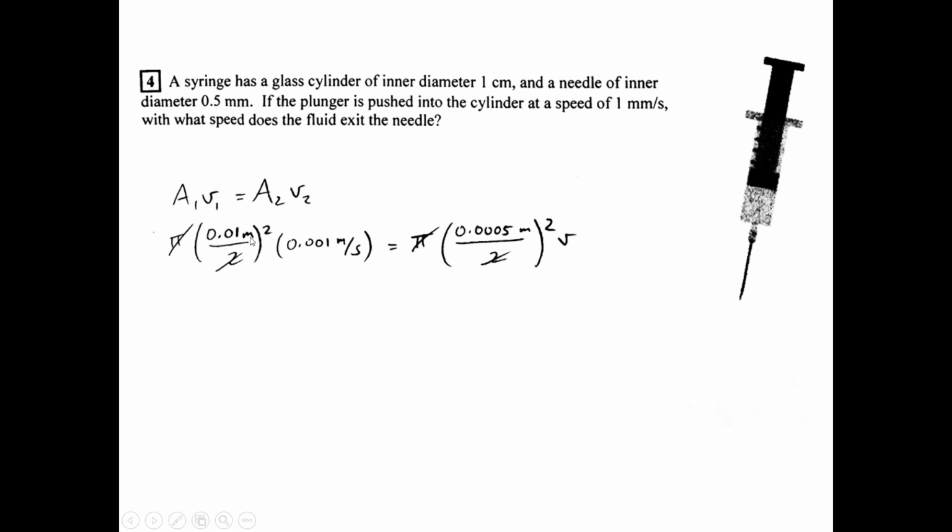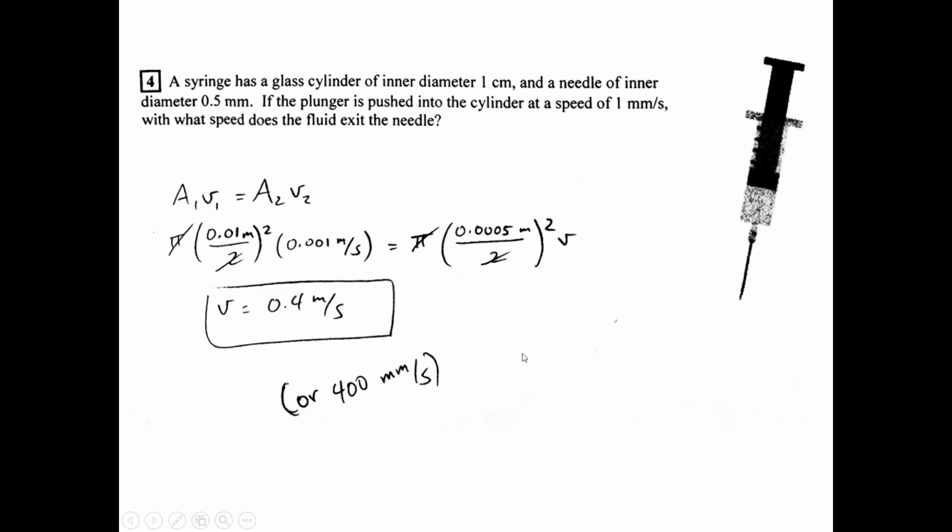So if I want to change it to a radius, I take the diameter of the part where the plunger is, the diameter of 1 centimeter, divide by 2 to get the radius, and then pi r squared gives me the cross-sectional area of the inside there, times the speed with which the fluid is moving in this part. That should be equal to the same thing in the needle over here. So that's pi times its radius squared times the unknown v, and we're going to solve for v.